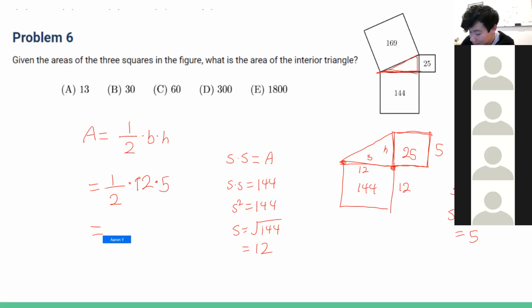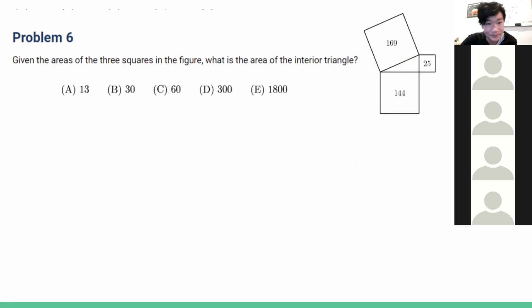So we write that down. 6 times 5 equals 30. Does that make sense? As always, if there's any questions, make sure to ask in the chat. I will respond. Okay.